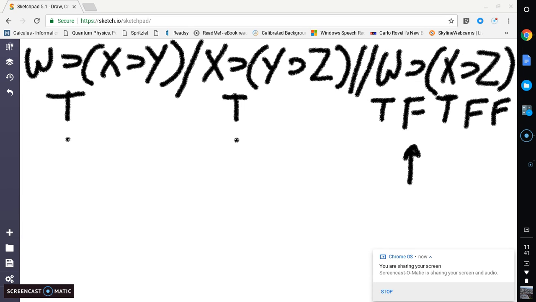All right, so our initial assumption has yielded that w has to be true. So let's make sure that wherever w occurs, we mark it true. Here's one, so we'll put the T here. X is supposed to be true too, so we marked it true here, so we'll do the same over here.